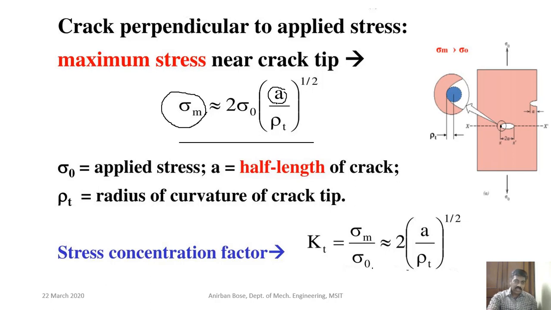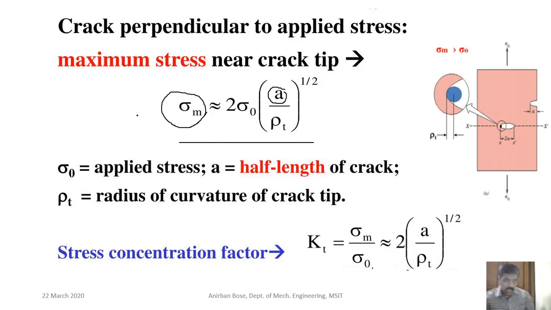Then A is divided by the radius of curvature at the tip, rho t, where t indicates the tip and rho is the radius of curvature. So from this formula we can find the maximum stress that will be developed.